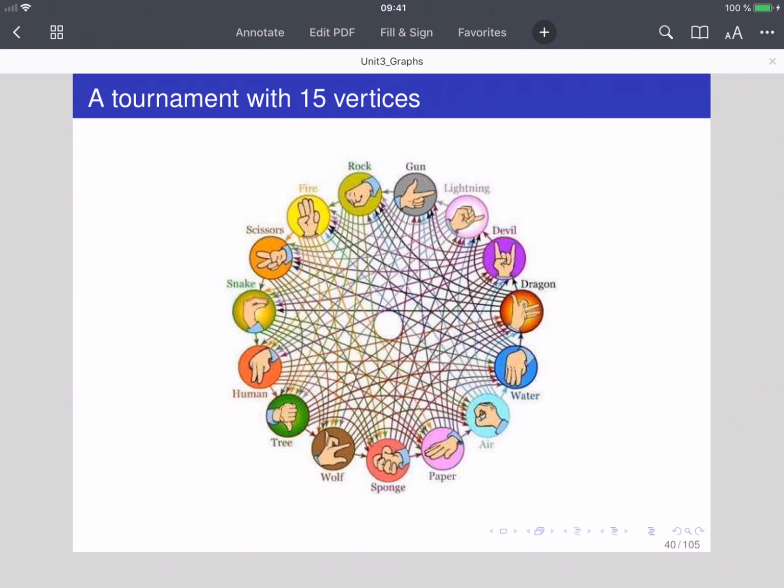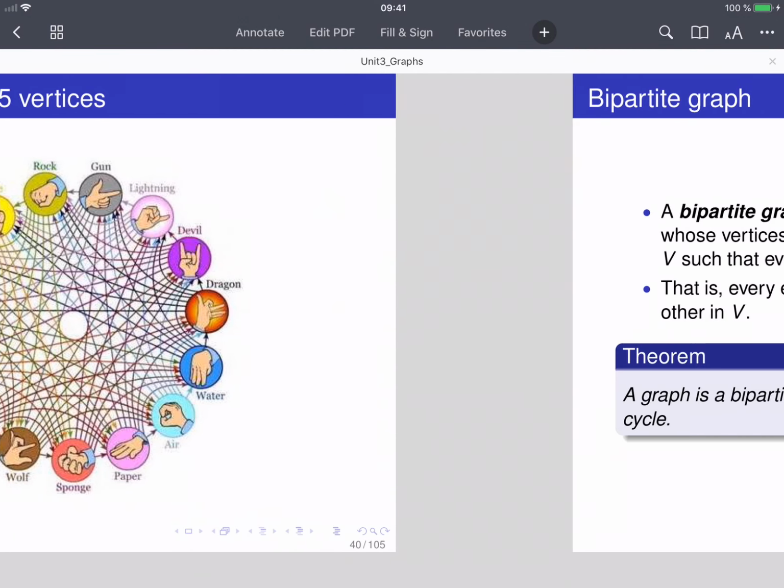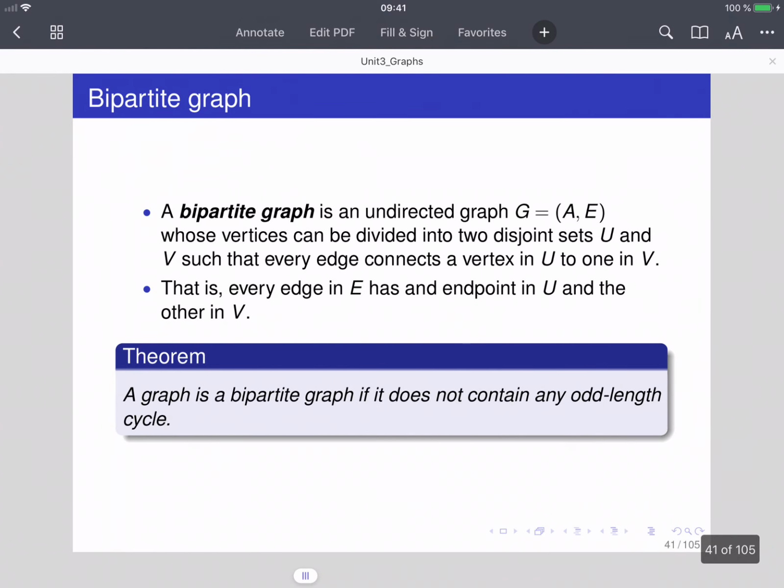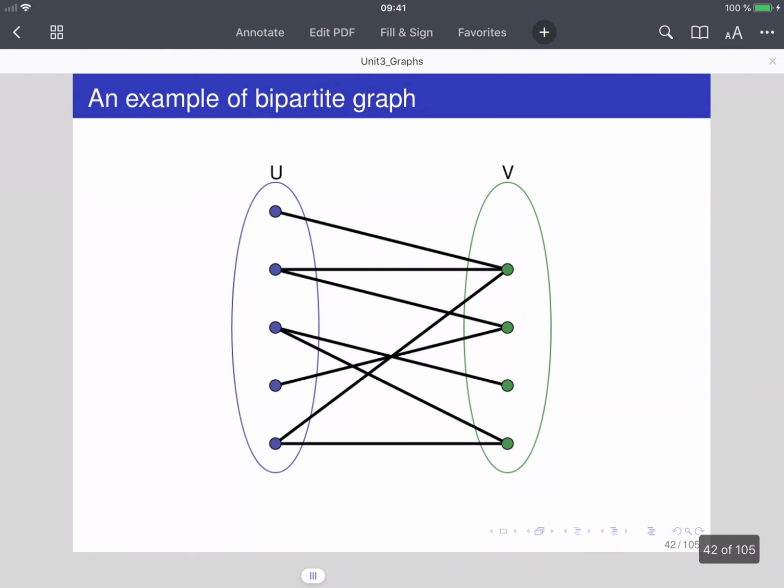Okay, so let's move to the next family of graphs, which is what we call bipartite graphs. Let's first see an example of a bipartite graph, and then we will return to the definition. The idea is that this graph here is bipartite because we can divide it into two different parts, U and V. And these two parts can share edges from one to the other, but have no edges inside the parts.